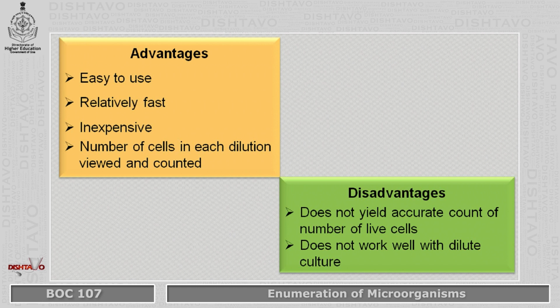And the disadvantages are, it does not yield an accurate count of the number of live cells, since under the microscope it is difficult to distinguish between live cells, dead cells, as well as debris because of the same size. This method does not work well with dilute cultures, since a sufficient amount of cells need to be present on the slide to be counted.